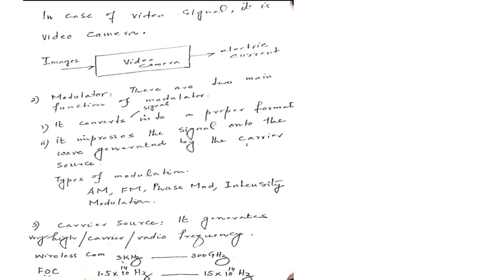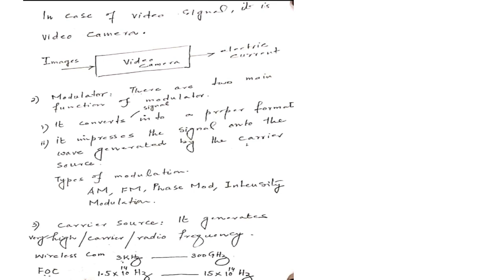So in case of a digital communication system, the modulator switches the carrier source on and off to generate the bits. So this is an additional function of the modulator in case of a digital communication system.